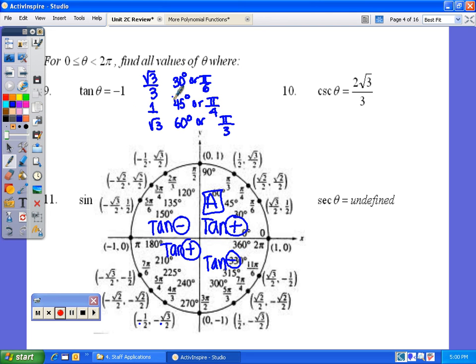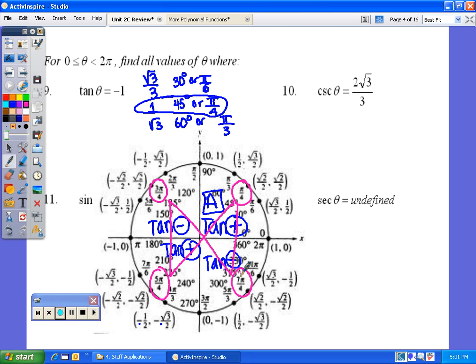So because I am associating the value of 1 with all of the angles that are associated to 45, if I make my bow tie, all the angles that are associated with 45 would be pi over 4, 3 pi over 4, 5 pi over 4, and 7 pi over 4.